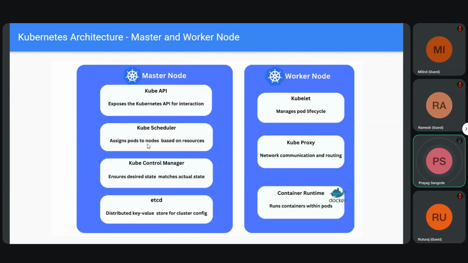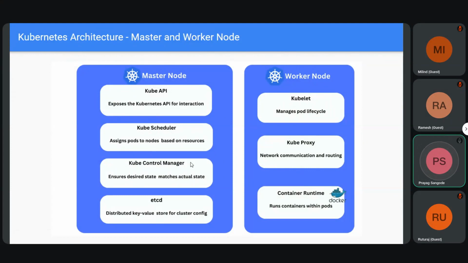Here nodes means the worker nodes. What is a pod? In short, it is nothing but a container. In terms of Kubernetes, the containers are called pods. So the assignment of the containers based on the resources is done by kube scheduler, as the name suggests, scheduler.